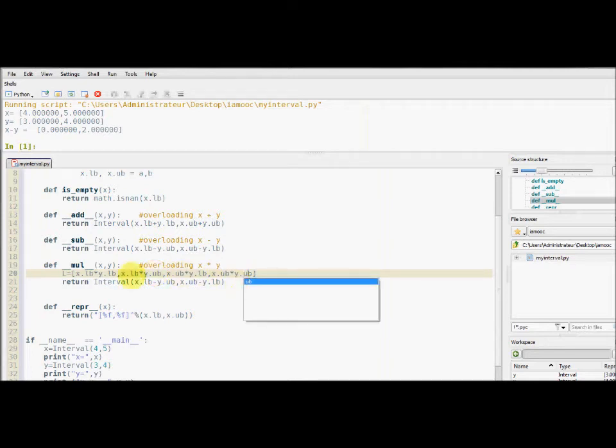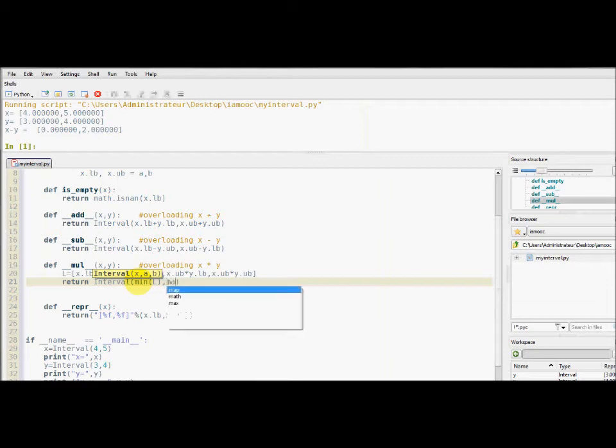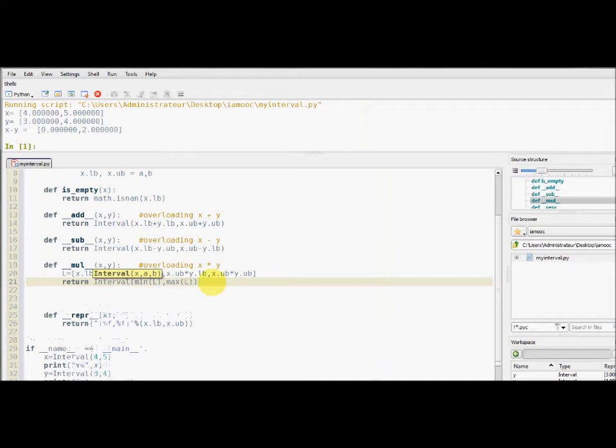So I compute all the different products. Then I will return the minimum of the list L and the maximum of L. So this is for the multiplication.